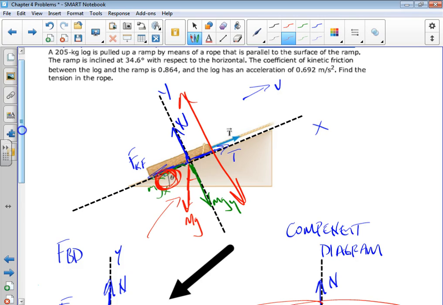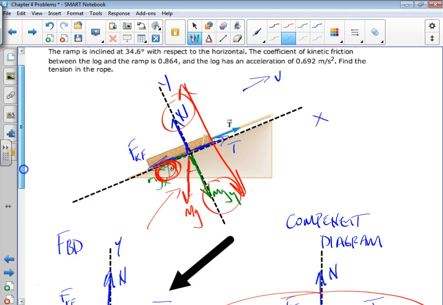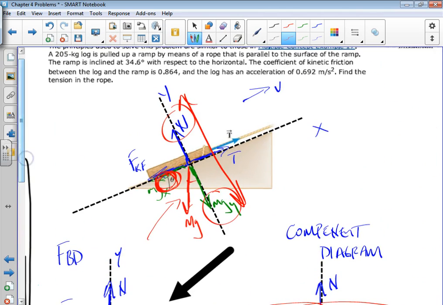The normal force is the same as the y component of the weight. Not equal to all the weight, just the y component. So those two have got to be equal because there's no acceleration occurring this way. And all the acceleration is back and forth here. In fact, it's going this way, accelerating that way.